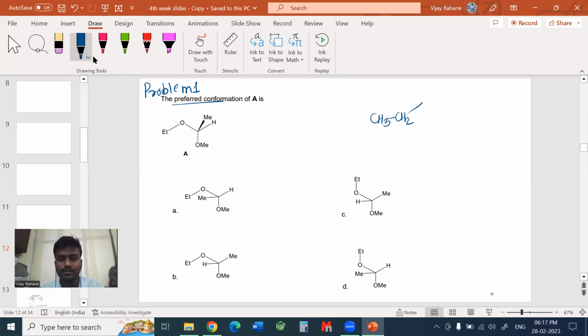And while splitting, drawing, we'll draw all possible. We'll try to orient the group accordingly.